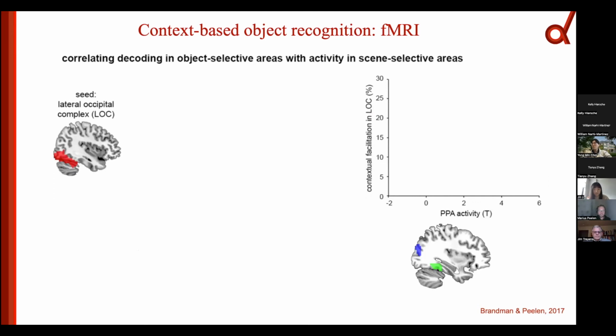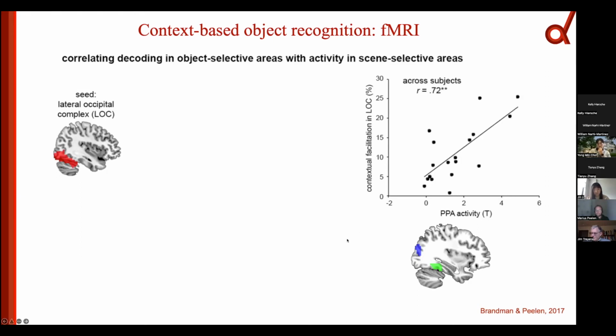Now then we asked whether this decoding in object-selective regions is correlated with concurrent activity in scene-selective areas, as we would predict from these models. So what we did was to take activity in scene-selective regions like the PPA, while participants were viewing these objects in the scenes, and correlate that with the facilitation effect in object-selective regions across participants.